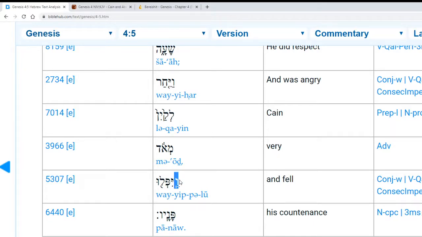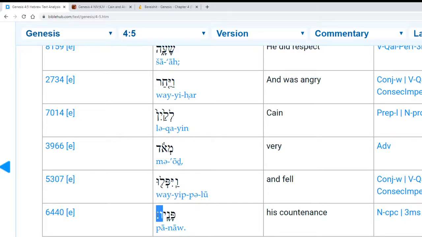Vayiplu, right? So conjunctive vav, and I would say that the root here is nun pe lamed, to fall, vayiplu, right? And panav, so face, countenance they have here.